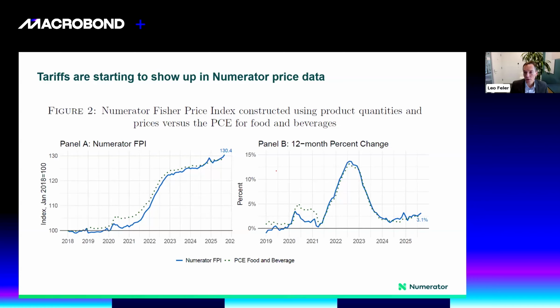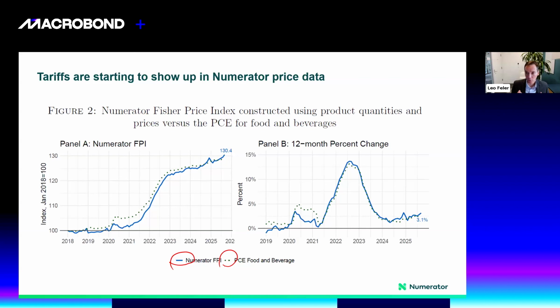Numerator has partnered with the Fed Reserve Board, and we put together this measure of inflation using Numerator data. This is the one that I broke out by low, middle, and high income consumers. You can see that Numerator data in blue matches the PCE, the Personal Consumption Expenditure Index, pretty well. We then used something called the Global Trade Identification Number in Numerator data to match where products were coming in from.